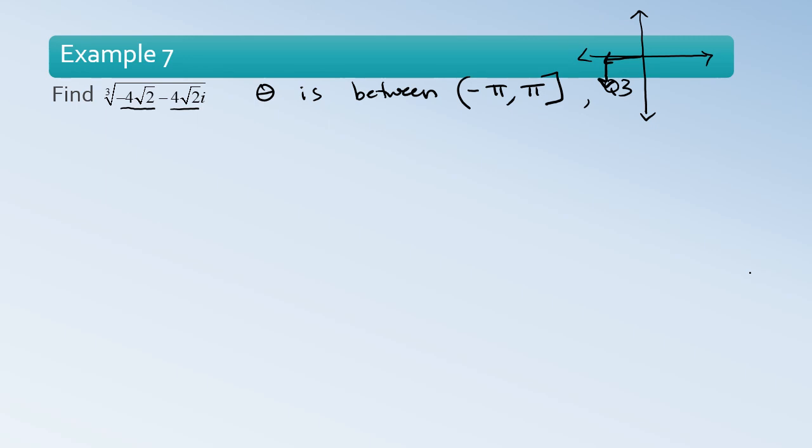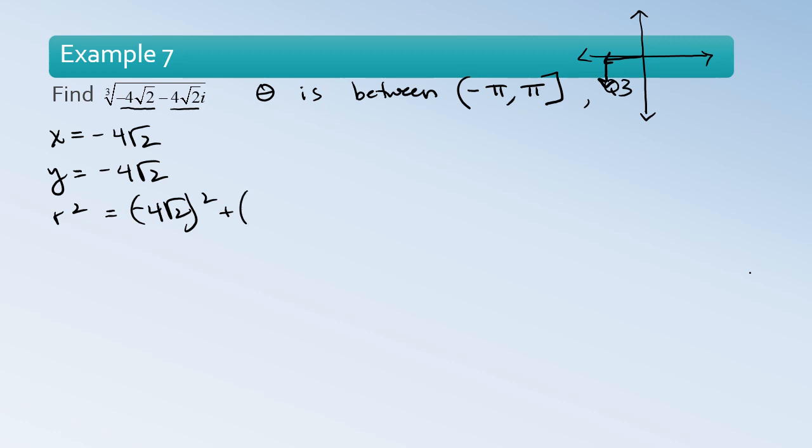All right, so here's what I know. I know that my x value is negative 4 root 2. I know that my y value is negative 4 root 2. And so r squared is going to equal x squared plus y squared. And let's see, what is negative 4 root 2 squared?